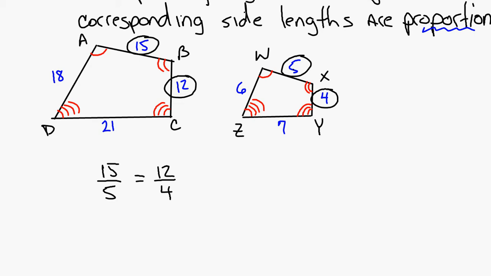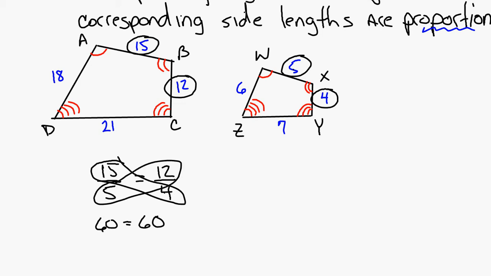Now, another way to figure that out, if you can't simplify the fractions that easily, is you take 15 times 4, which is 60, and 5 times 12, which is 60. If the crisscross products are equal to each other, then the corresponding sides are proportional.